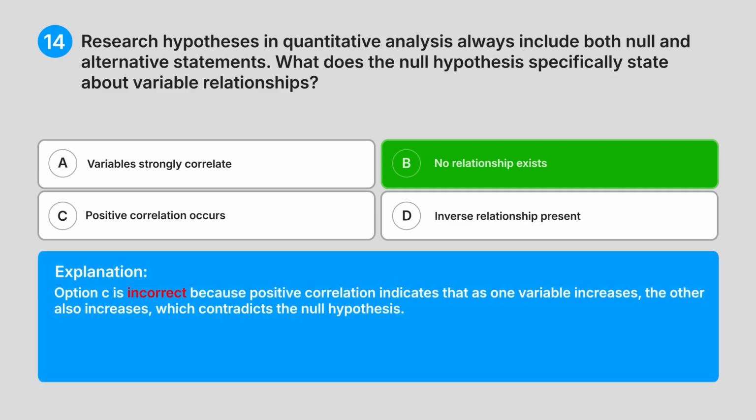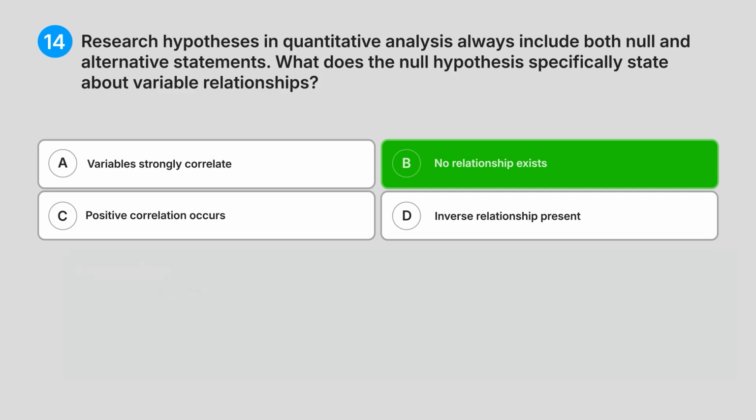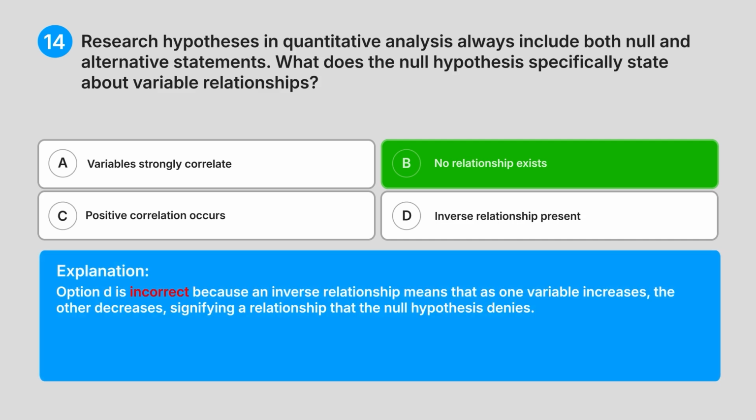Option C is incorrect because positive correlation indicates that as one variable increases, the other also increases, which contradicts the null hypothesis. Option D is incorrect because an inverse relationship means that as one variable increases, the other decreases, signifying a relationship that the null hypothesis denies.